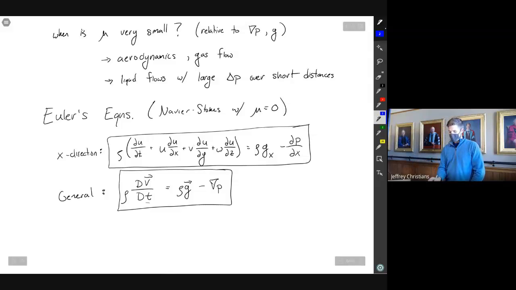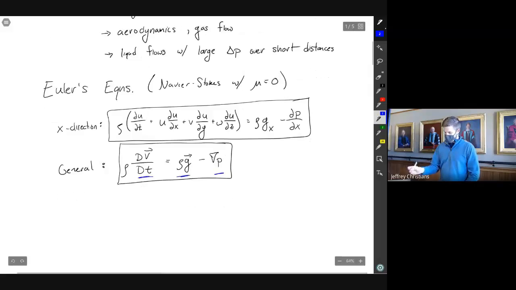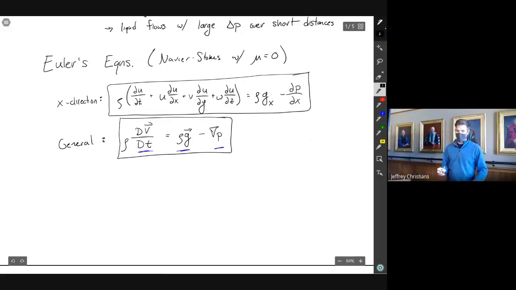Well, they're accelerating, that's this term, because of gravity and pressure gradients. So that's what's driving fluid flow. That's what's governing it.